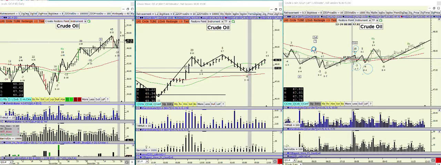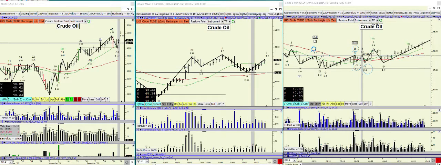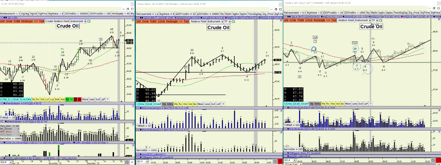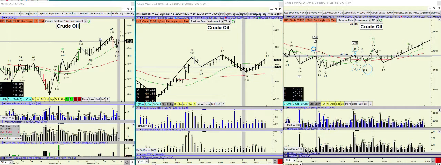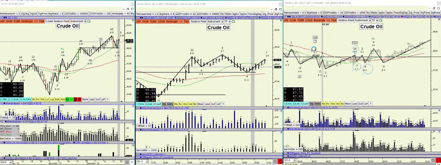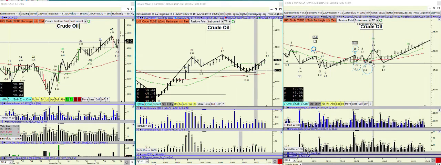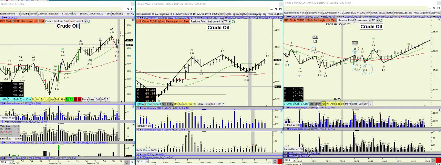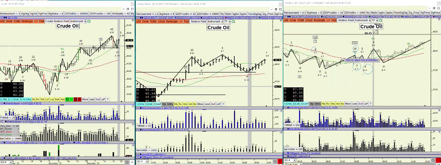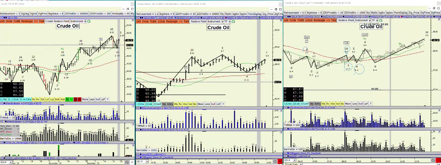Anyway, so now you have a base forming, nice little base forming, right? With these resistance points, these 3 resistance points, you have some cause, and then you have a rally breakout, and that's your higher high confirmation.